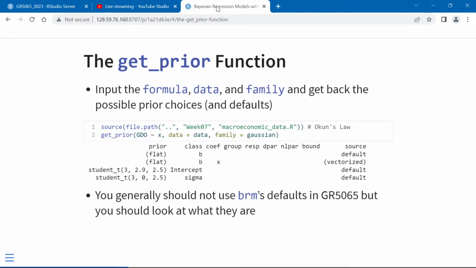So we have a proper prior on the intercept, a Student t distribution with 3 degrees of freedom, location of 2.9 and scale of 2.5. That also does not make a whole lot of sense. It is proper, so at least it integrates to 1.